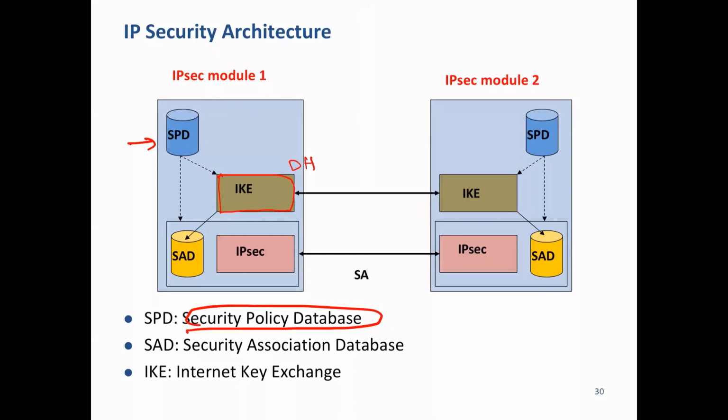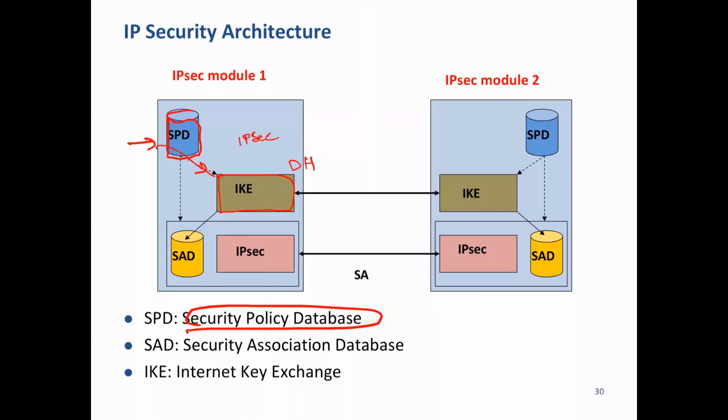For example, when you're connecting to the IIT Mandi office over a tunnel or over IPSec, your machine is also generating packets which are going somewhere else, maybe Google, and you don't want IPSec for that. So this database will look at some parameters like your source IP address, destination IP address, whether it is TCP, what the port number is, etc., and based on that, it will decide, okay, this packet needs to use IPSec.